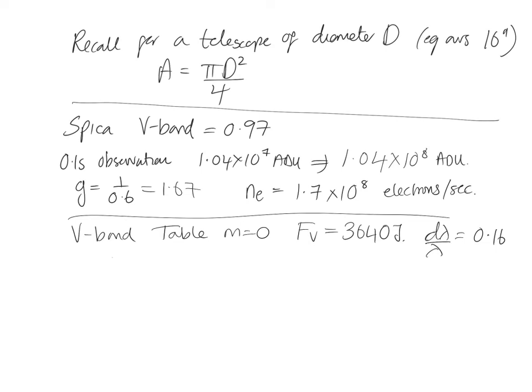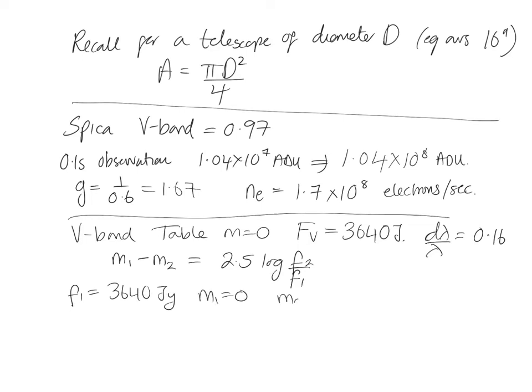So we have to use one of these magnitude equations. We use this one, m1 minus m2 is 2.5 times the log of the flux ratio. Okay, so we're going to do F1 as 3640 Janskis, M1 equal to 0, M2 equal to 0.97, and F2 is what I want to find out.